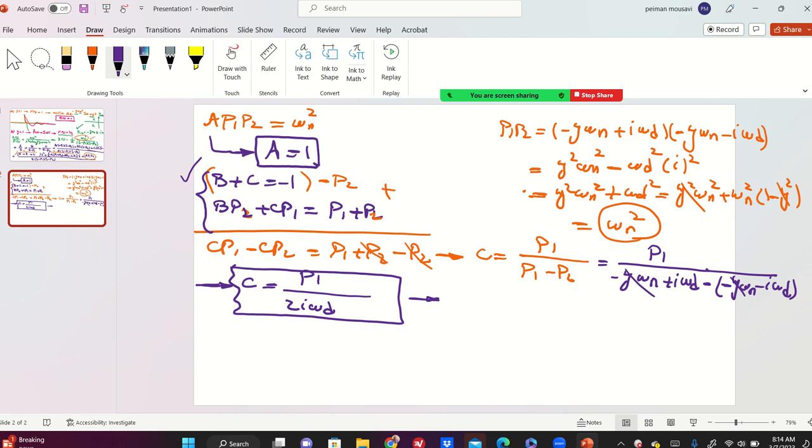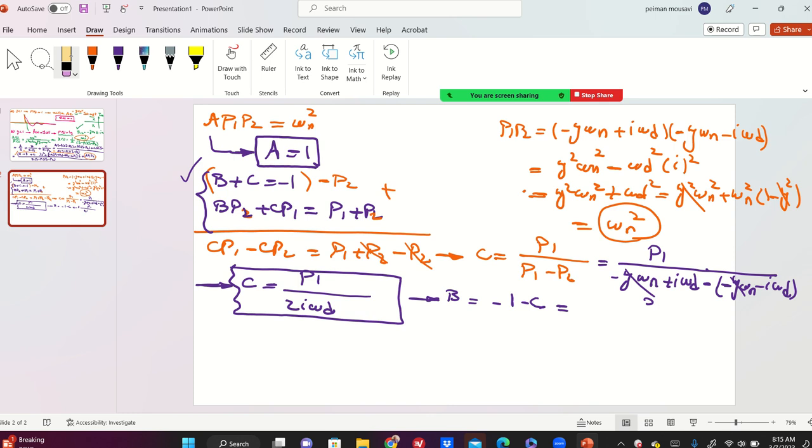B. So B equals minus 1 minus C. Okay. So minus 1 minus P1 into, or we can keep it like this instead of putting it here.